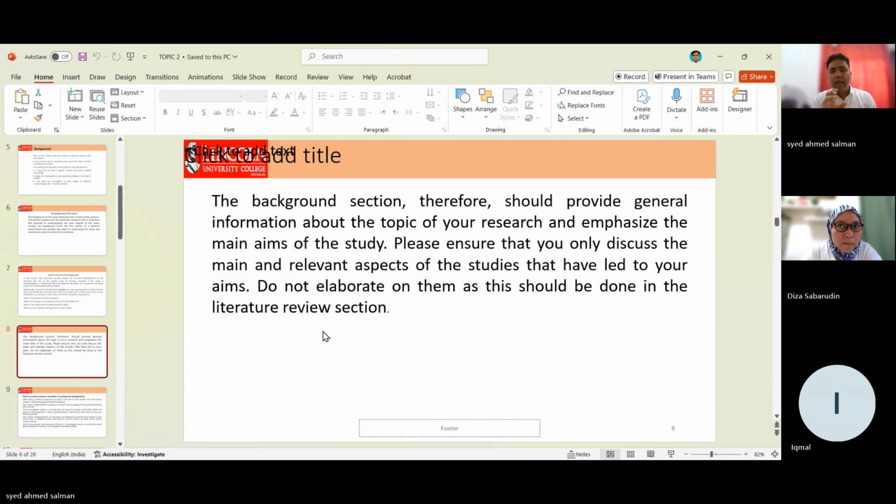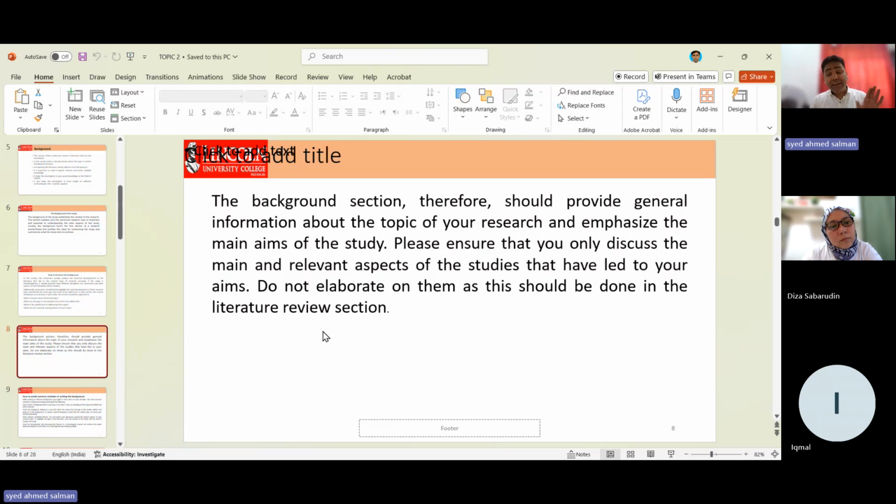Naturally, the background of the study should not exceed more than 4 pages. The maximum you have to write is 4 pages. The entire first chapter should not exceed more than 12 to 15 pages. I'm talking about the entire first chapter. You should not exceed more than 15 pages.